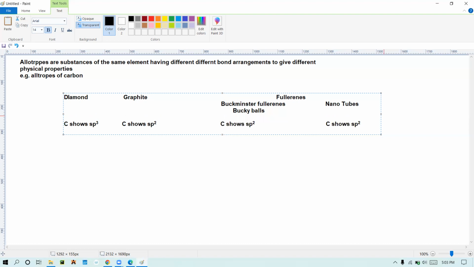Here I can write about the number of carbon atoms each carbon is bonded to. In diamond, each carbon is bonded to 4 carbon atoms.